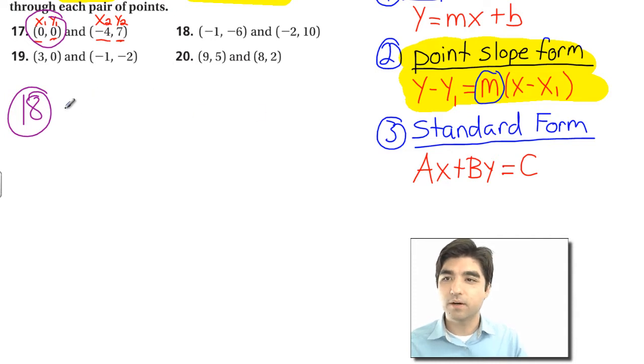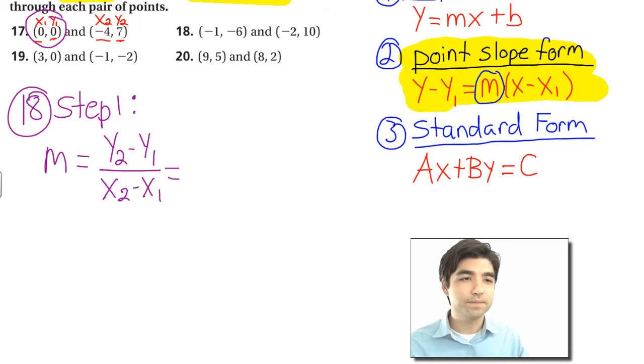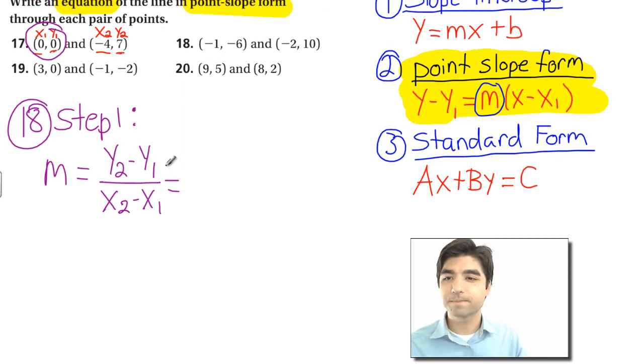So step 1 always is to find the slope first. So we have m equals y2 minus y1 all over x2 minus x1, so you go up here and you label your points x1, y1, x2, y2.